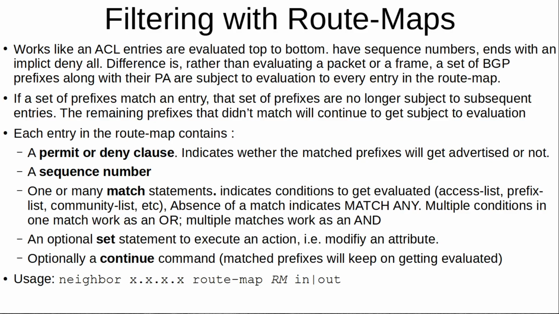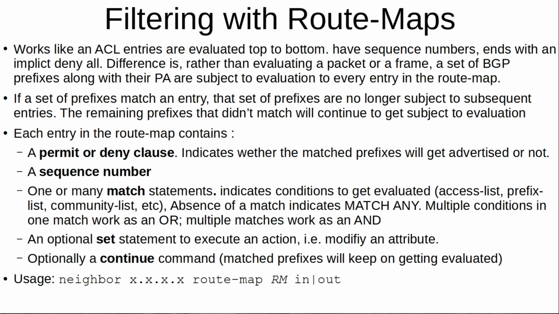Each entry in the route map contains a permit or deny clause that will indicate whether the matched prefixes will get advertised or not, a sequence number, and one or many match statements, which indicate the conditions to be evaluated. This match can include an access list, a prefix list, a community list, or whatever. The absence of a match indicates match any.